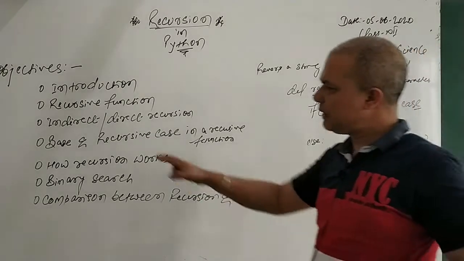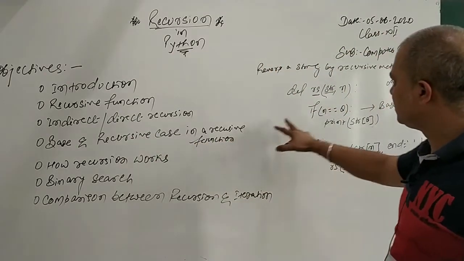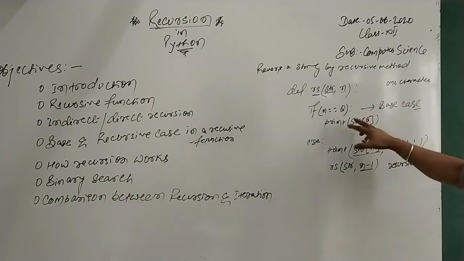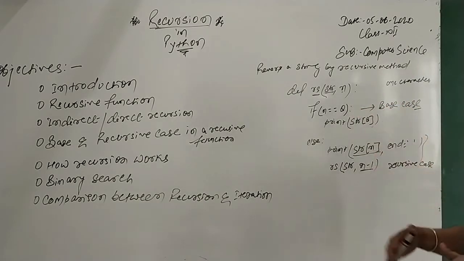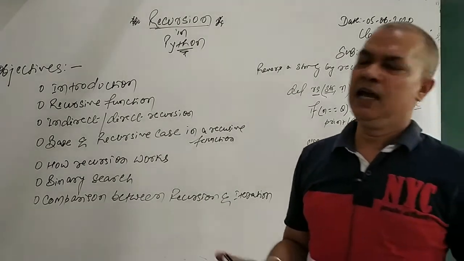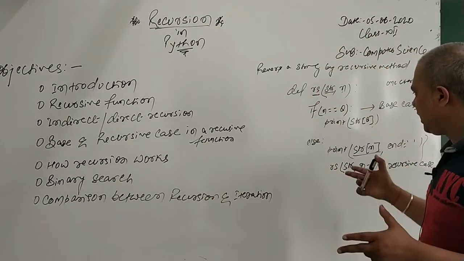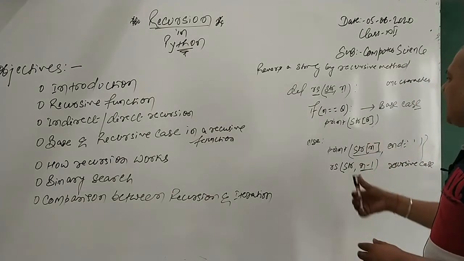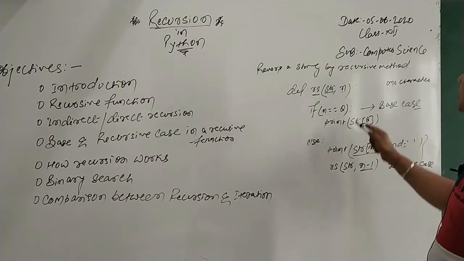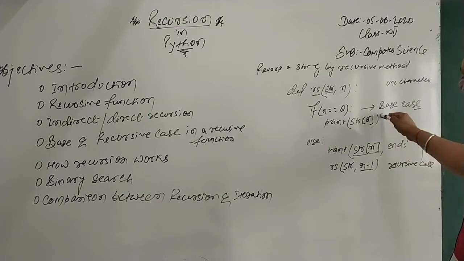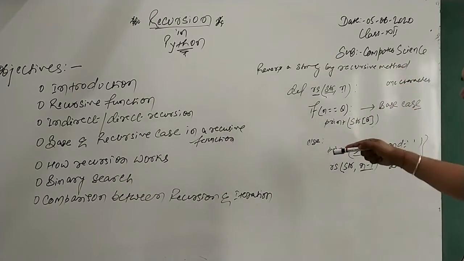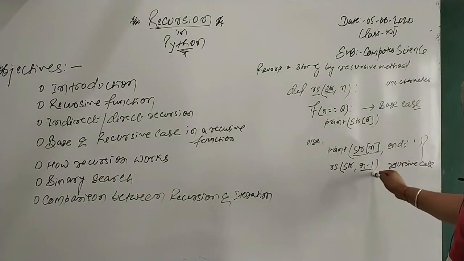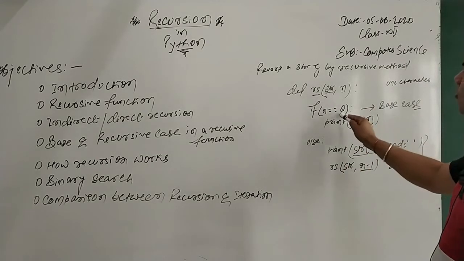Now to understand the base case and recursive case in a recursive function, in every recursive program we must have one base case or more than one base case, where a predefined or predetermined case is there. We know that n will reach 0, and once n is 0, it will show me this. Otherwise it will keep on calling this function until n reaches 0.